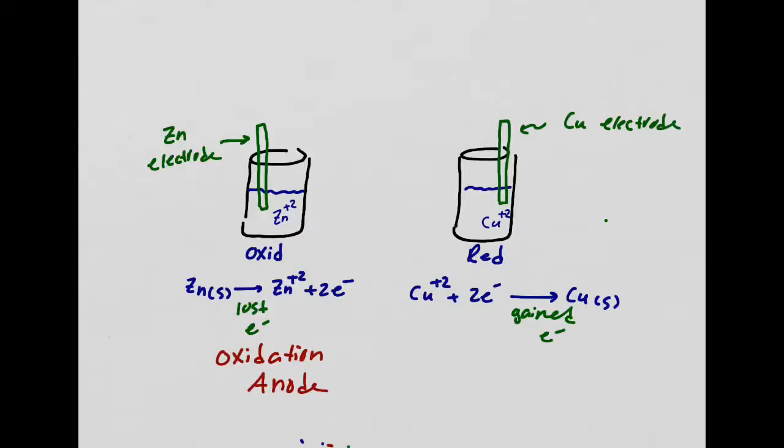And over here in this beaker, this is my reduction reaction, and we call this one the cathode. The way I remember it is that anode and cathode both start with a vowel and a consonant. Again, the anode, which is the oxidation, is going to give out electrons. The cathode is going to accept the electrons.